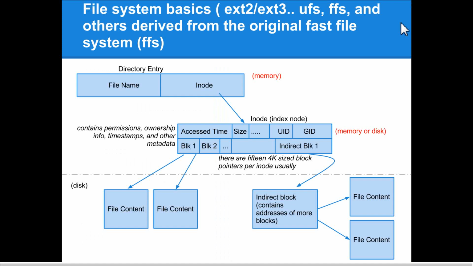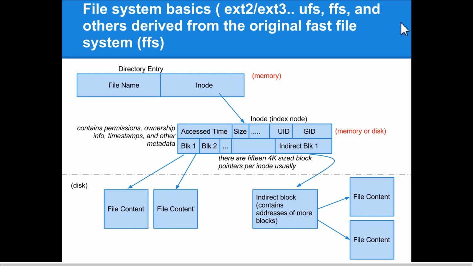So these are some basics that you should have learned in your operating system class. Most Linux file systems work like this: you have a directory entry. It's kind of like a main file table, and the directories have file names and inode entries, and the inodes point to basically an index in the inode table, and that can reside in memory or disk, usually both.